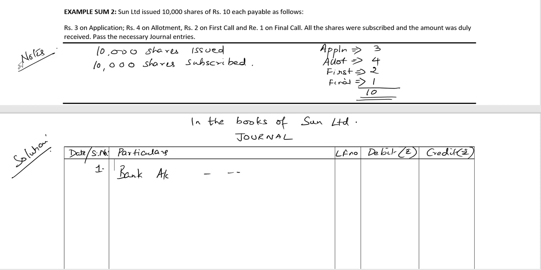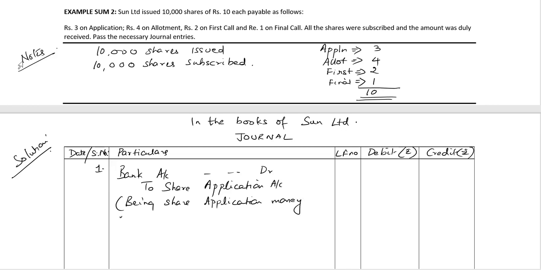Bank account debit to share application account. Narration: being share application money received. The number of shares subscribed by the public is 10,000 shares multiplied by the application money of 3 rupees, totals to 30,000 rupees.